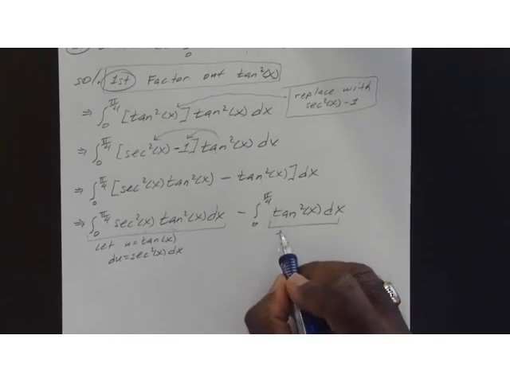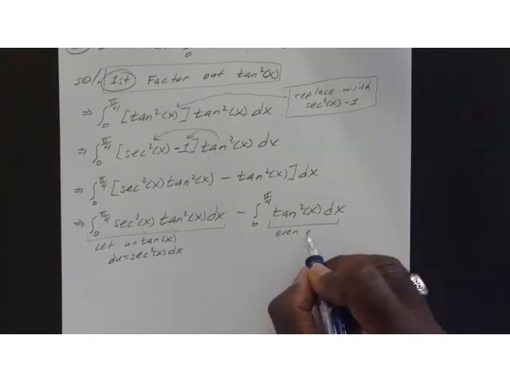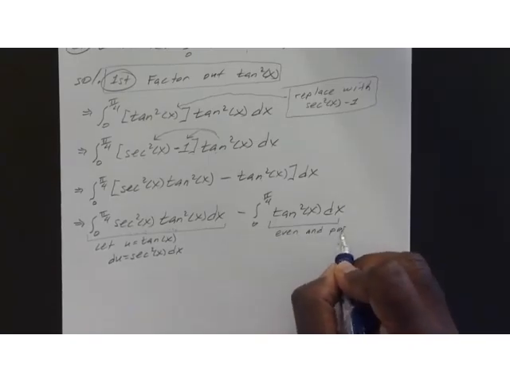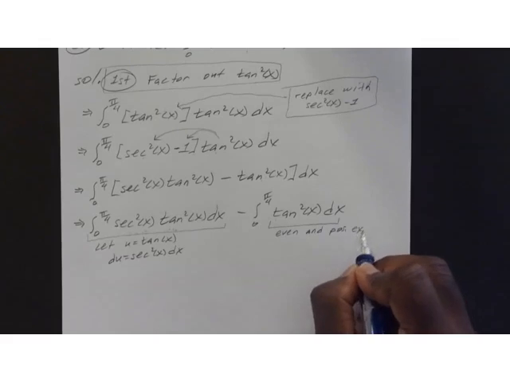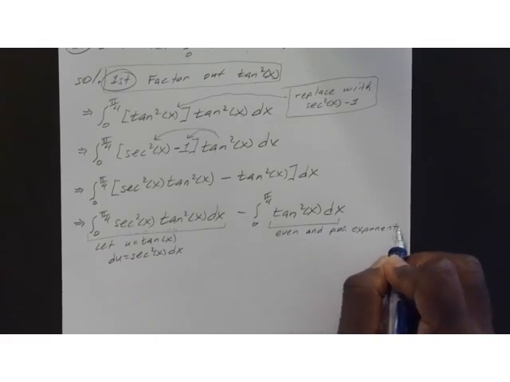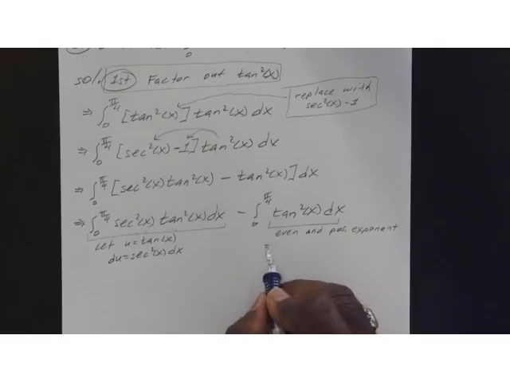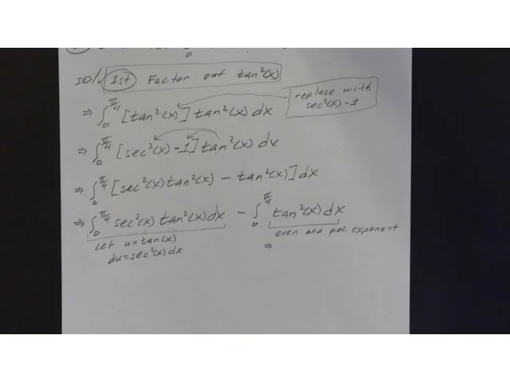So this one, we have an even and positive exponent, which means we're going to replace tangent squared with secant squared minus 1.